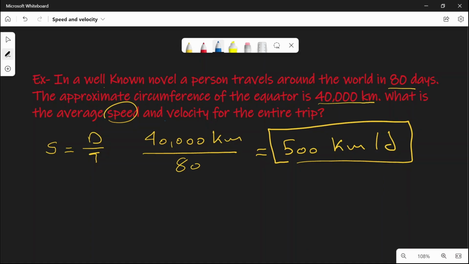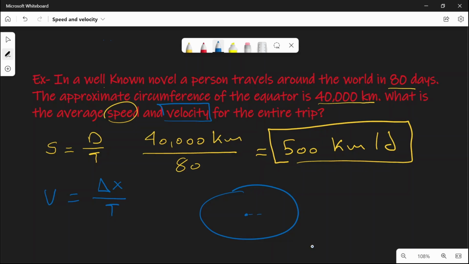Now, what about the velocity? Velocity is equal to delta x over time. Now we know that the person in the novel traveled around the world. So let's say that that's the Earth. And he started at this point here.